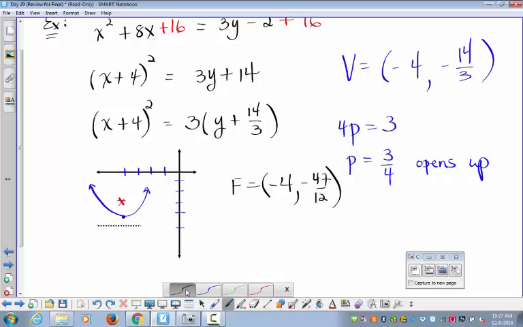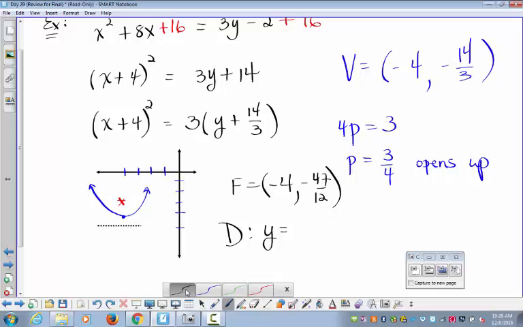And then how about the directrix? Directrix is a line, so it should have an equation. It's a horizontal line, so it should be y equals some constant. If y is a constant, which constant should it be? We're still going to be fiddling with the -14/3, right?